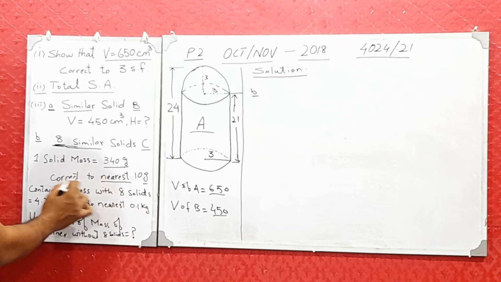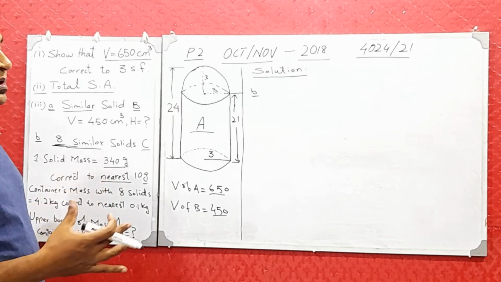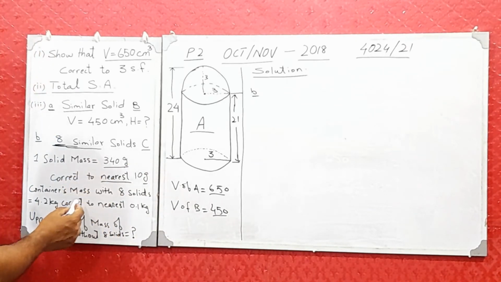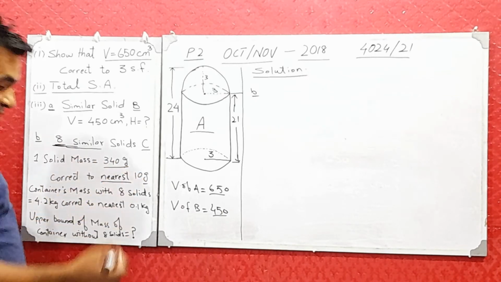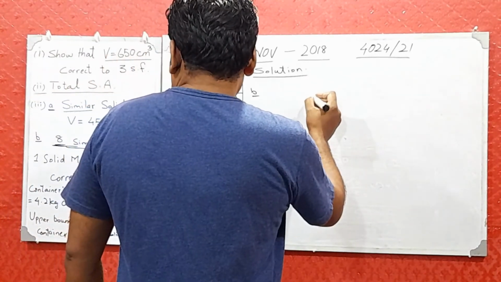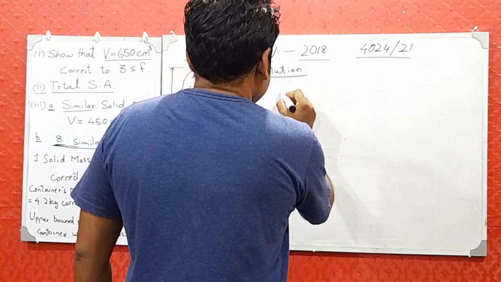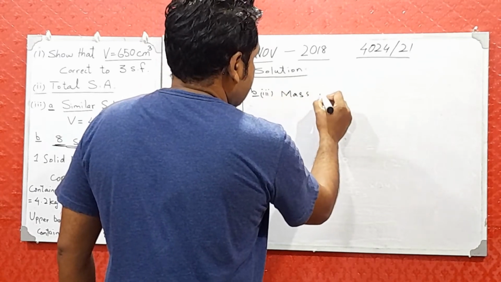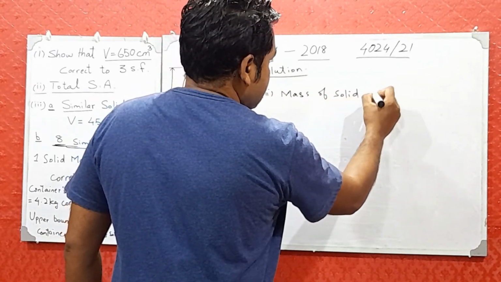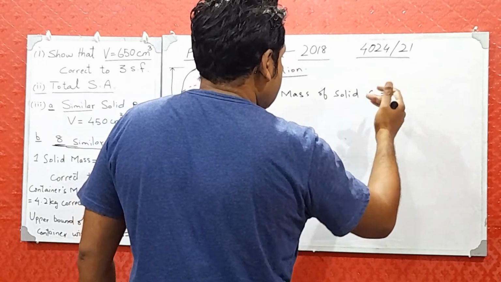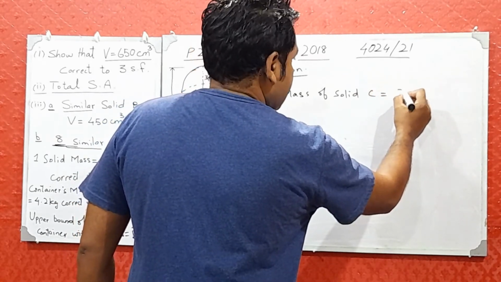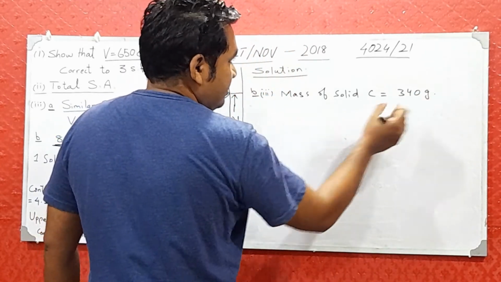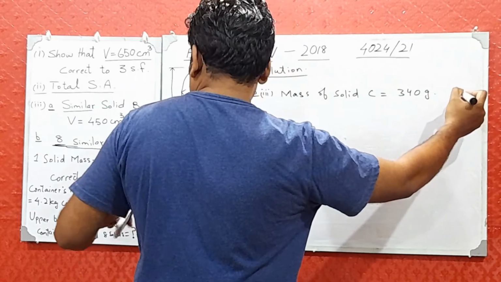When the words correct to the nearest come, you know that you have to find the upper bound and the lower bound. So let's do it first. Third part: mass of one solid C is equal to 340 grams, which is correct to the nearest 10 grams.